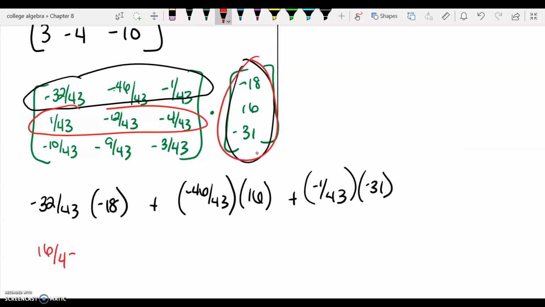And guys, usually whenever you have fractions, they will eventually simplify to give you an actual answer.